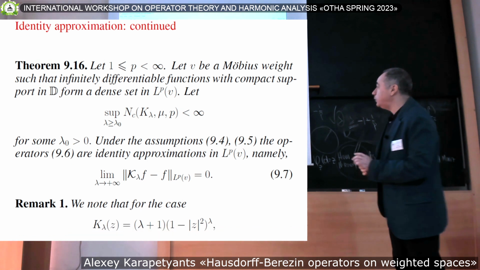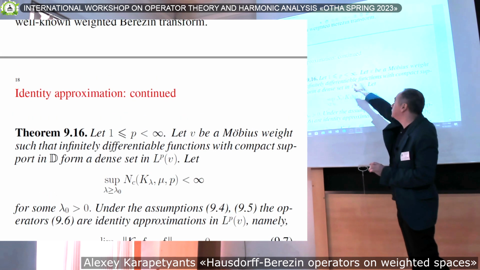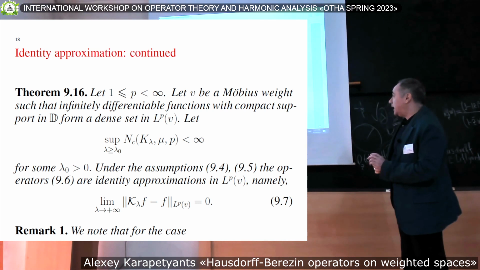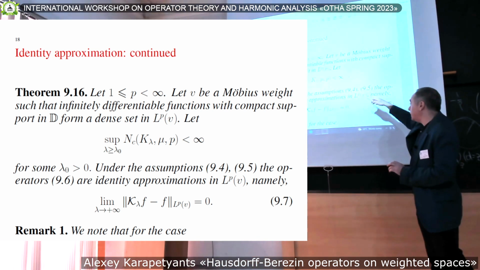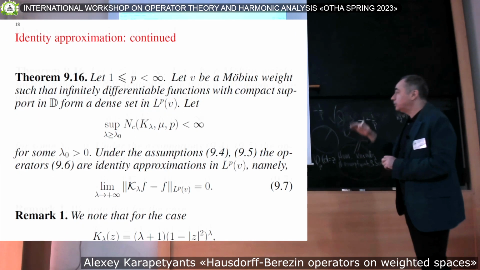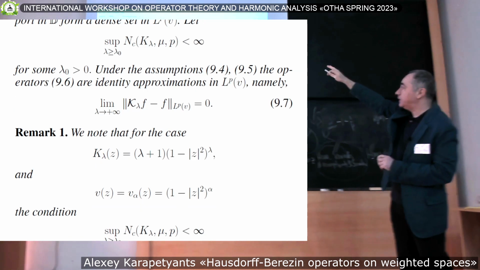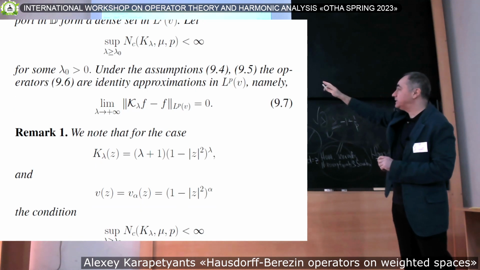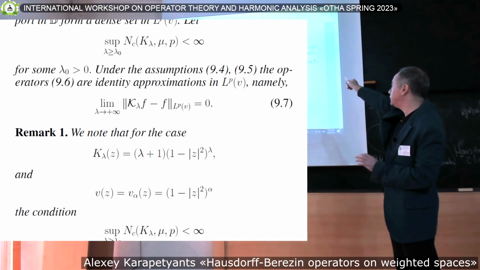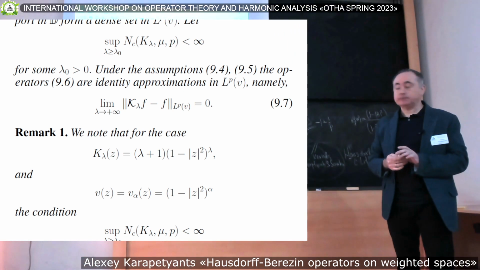Identity approximation. You remember this constant from the theorem on boundedness of the operator, this extra condition we have. And assumptions 9.4, 9.5 that I mentioned on the kernel, right? I will not read this theorem, but under the conditions written in this theorem, these constructions provide approximation in the sense that formula 9.7 holds true.